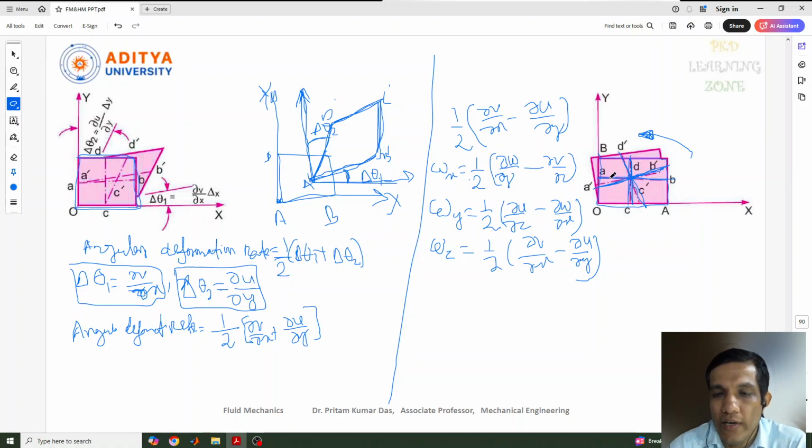But here we have taken only X and Y direction, so we can consider these two only. So this is about the rotation part.